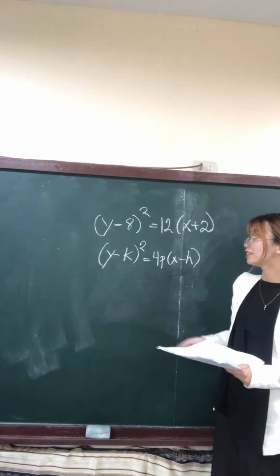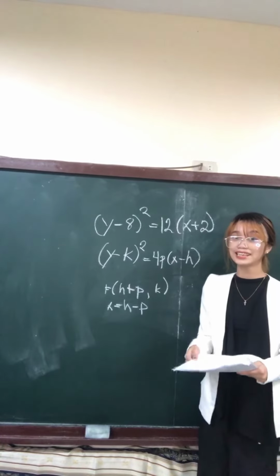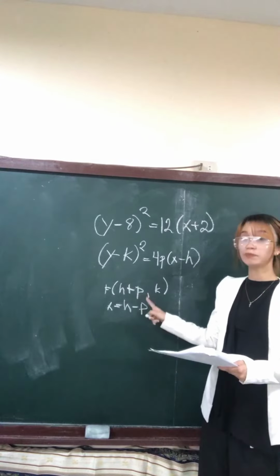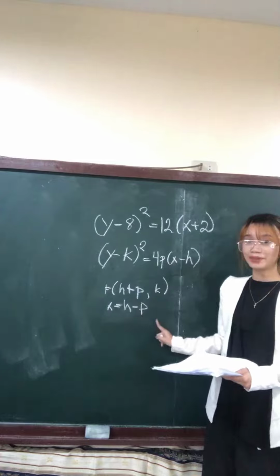Later on, we'll discuss how to calculate p. Since our vertex is not at the origin, we have the focus at (h plus p, k), and for the directrix, we have x equals h minus p.